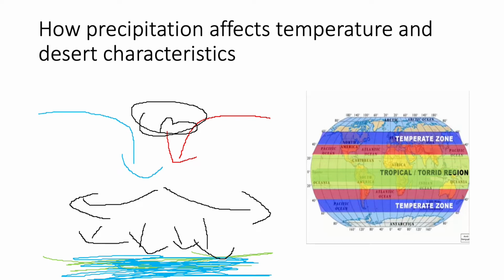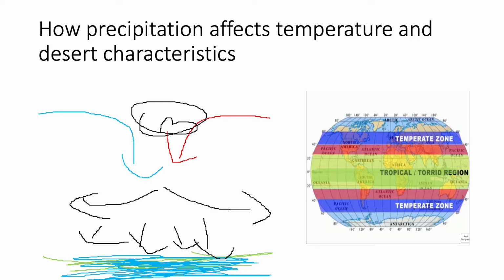They have many clouds to stabilize their temperature, and so they're not as hot as deserts are. Deserts have a very wide range of temperatures, and this is because they have no clouds to stabilize all of that temperature.